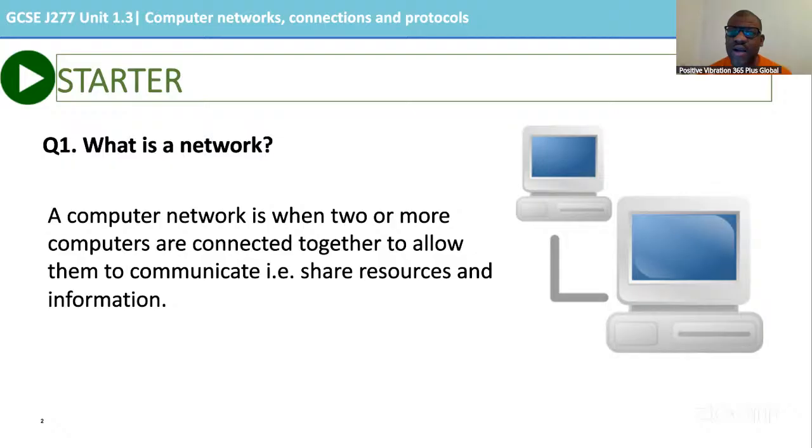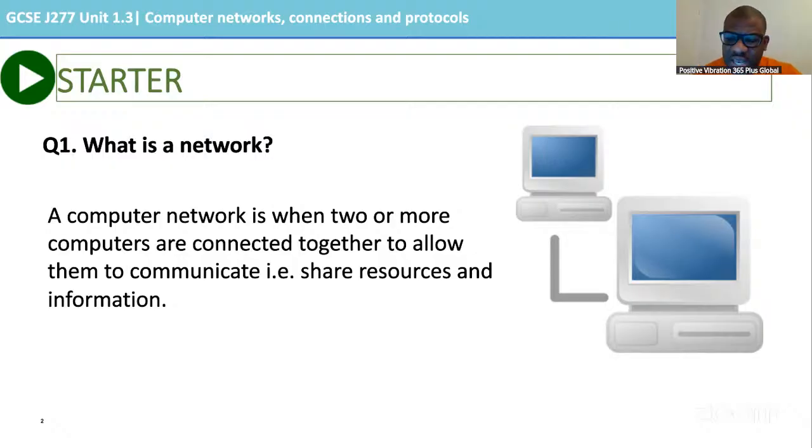So let's talk about one of the simplest networks you will probably ever see. If you have an iPhone, you might have an earpod. I'm looking at Colton. Those two devices can communicate because of a network.